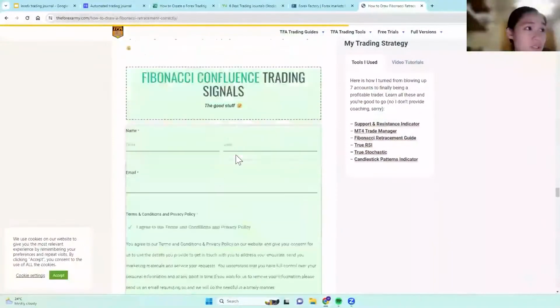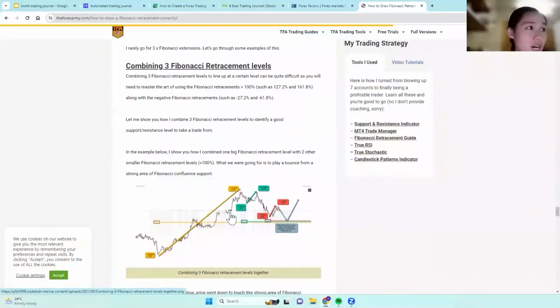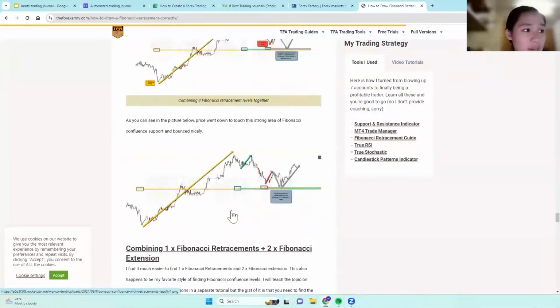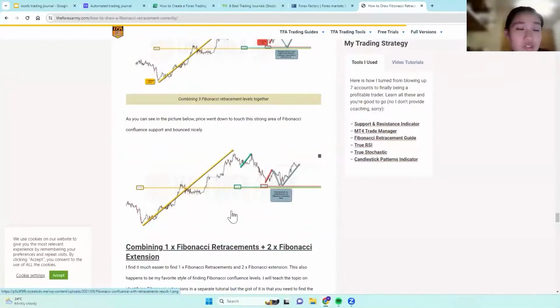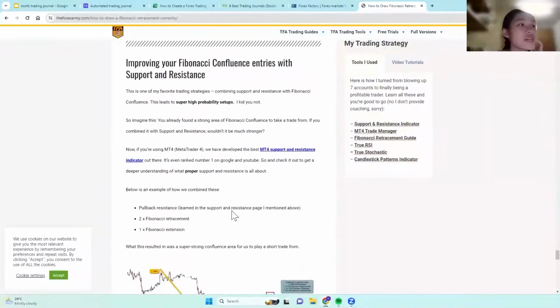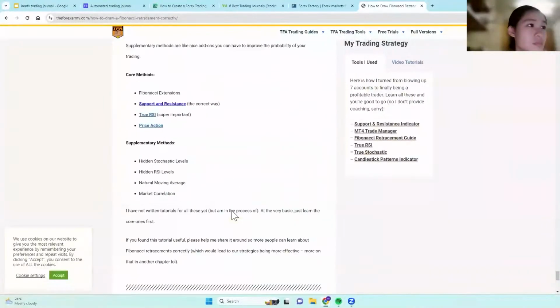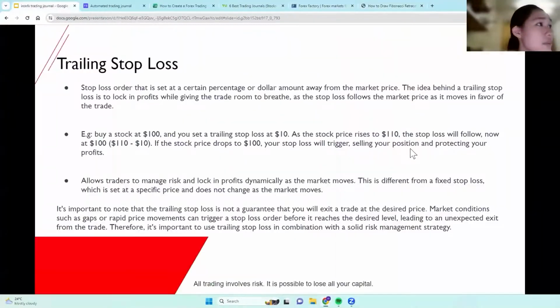So we have retracement up above there, as well as the other Fibonacci techniques. Here we are combining them in order to find Fibonacci confluence levels. Yep, so feel free to go ahead and take a look. Okay, let's get back to my slides.